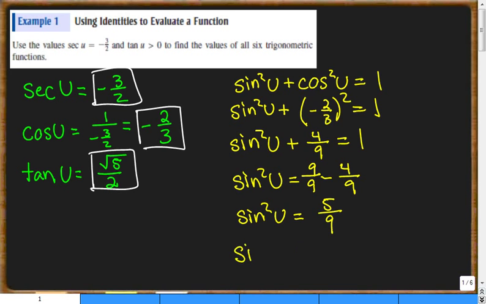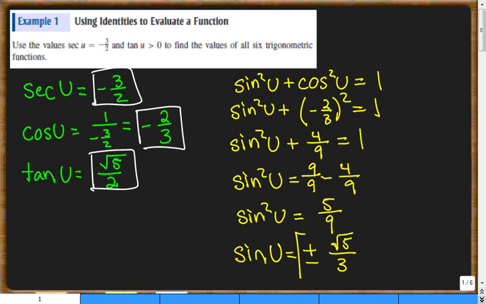And so my sine of u would be the positive or negative square root of 5/9. Now again, the first step here, we can't leave 9 in the denominator because it is a square. So we're going to rewrite this, just like the previous example, as the square root of 5 over 3, with the square root only attached to the 5 now.